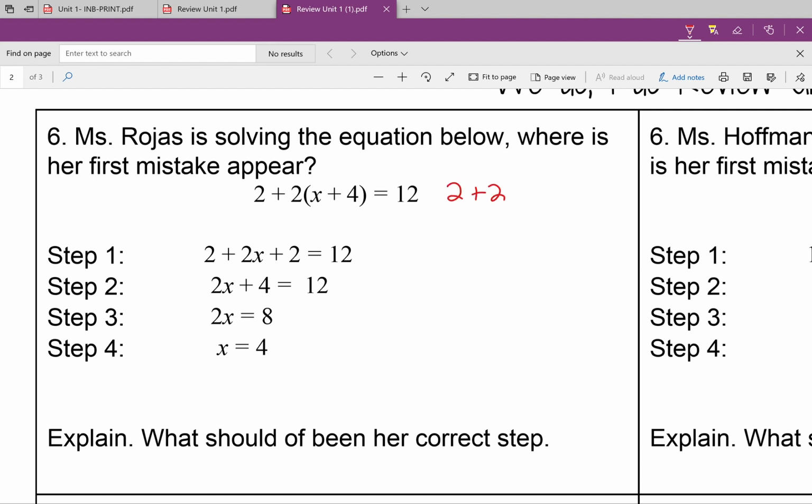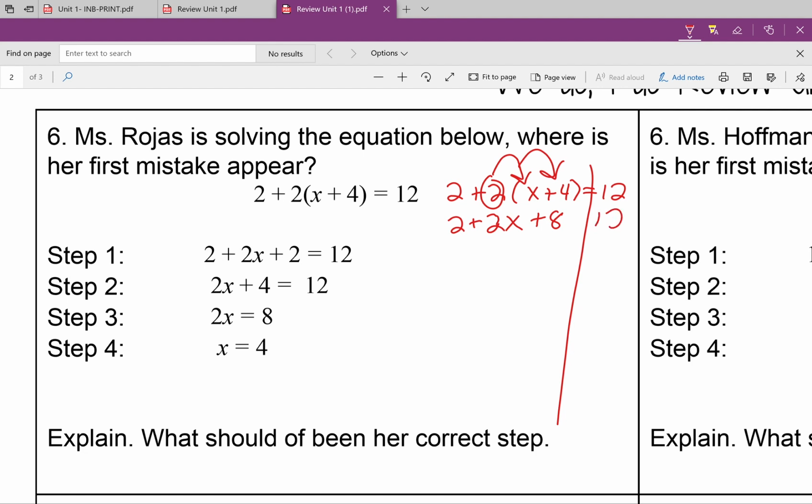So I have 2 plus 2 parentheses, x plus 4 equals 12. So if I was solving this on my own, my first step would be to distribute. So I have 2 times x, which is 2x, and 2 times 4, which is 8. Bring down this 2, and bring down the 12.